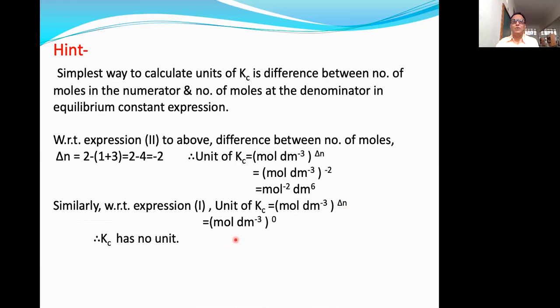So in bracket, mole dm raised to minus 3, bracket raised to 0. So what is it? It is nothing but 0. Therefore Kc has no unit. So this is the shortcut for expressing the unit of Kc. Is it clear?